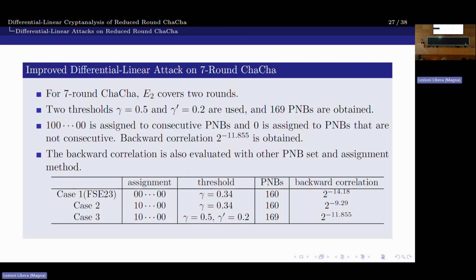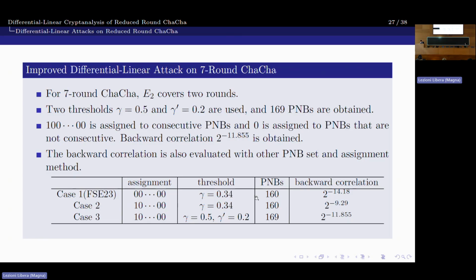This procedure was proposed by Dey in 2026 in IEEE TIT. 100 is assigned to consecutive PNBs. So we use the same method of assignments. This is case 2. Case 2 uses the method of 100.